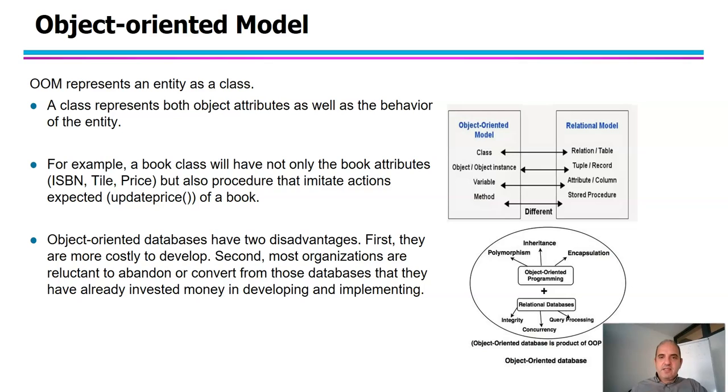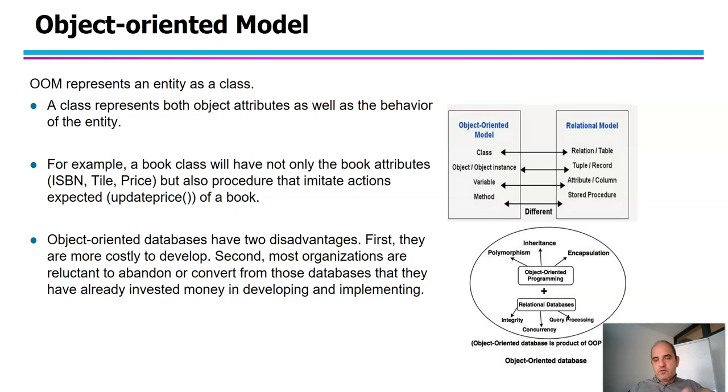So basically, instead of dealing with variables, you deal with objects. In software development, it is something wonderful. And in the database part, the main idea was to use this object-oriented perspective in databases. But it didn't work out. So today, this kind of database is not being used. So you don't need to know much about them.